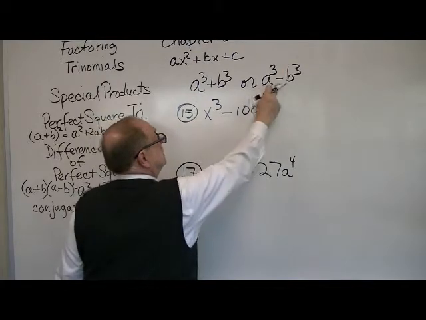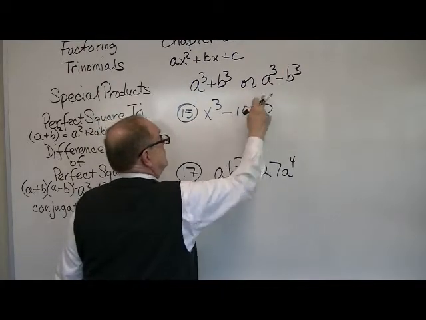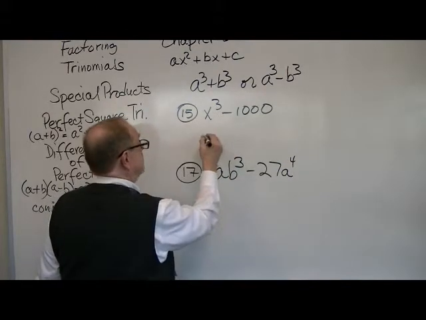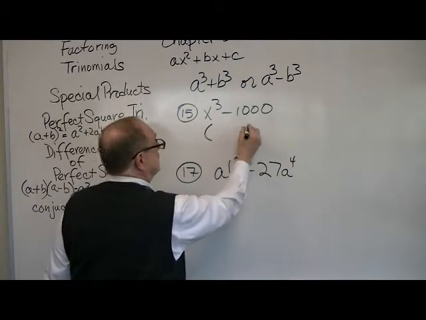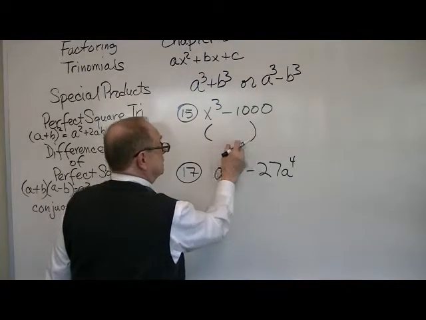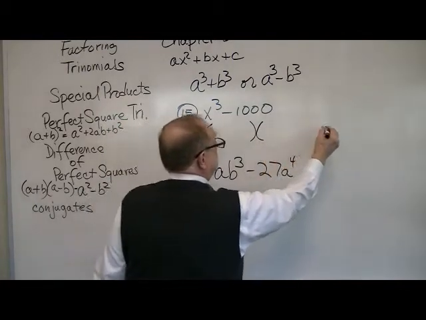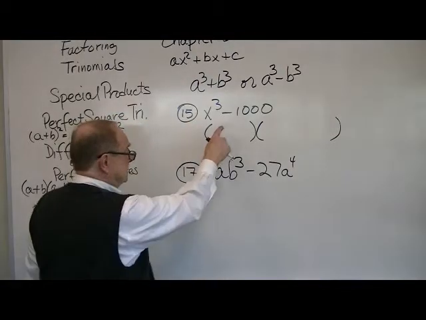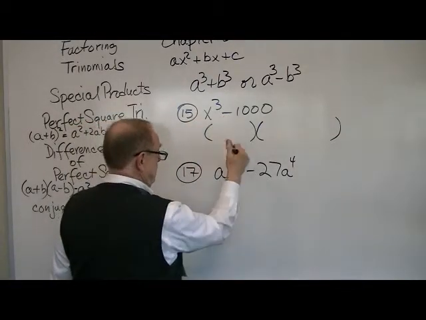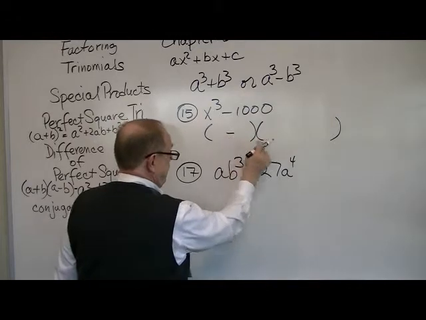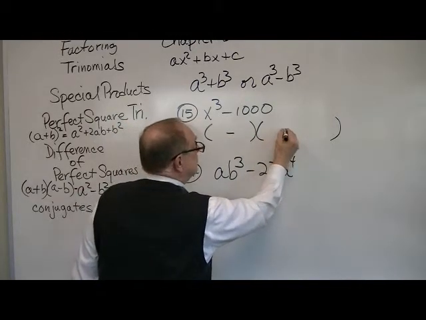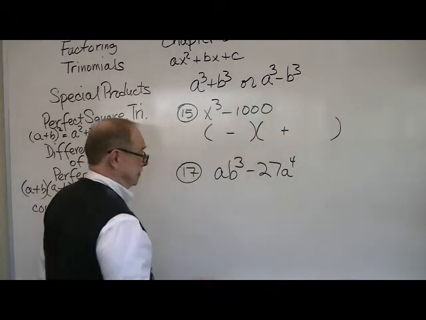So it'd be the difference of perfect cubes. And we said the technique for factoring that was to make a parenthesis for 2 terms and a parenthesis for 3 terms. Then whatever sign we had there, we put there. And then the middle term of the 3-term parenthesis is the opposite sign.